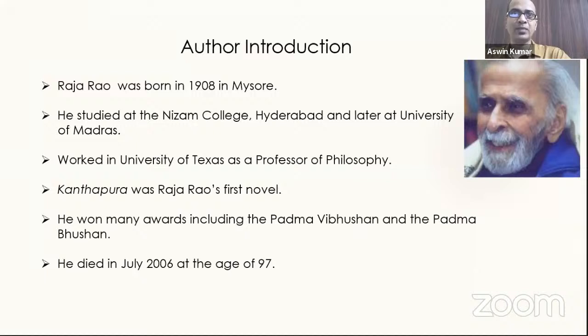Rajarao was born in 1908 in Mysore into a Kannada speaking family. His mother died when he was very young. He was only 4 when he lost his mother. This incident was very traumatic, and as you can imagine, it left a lasting impression on him, not only personally, but as a novelist also.